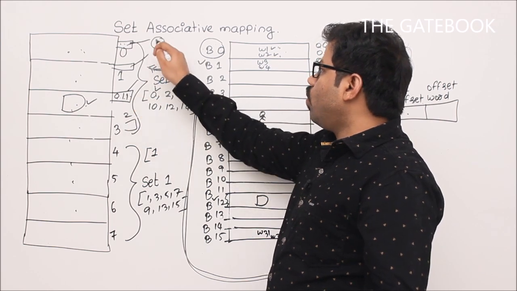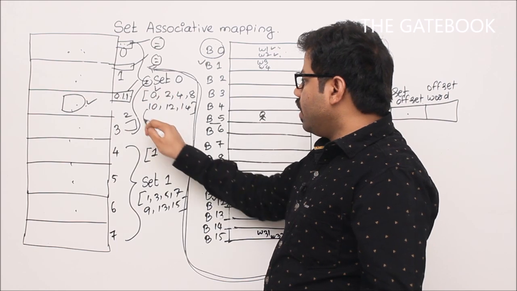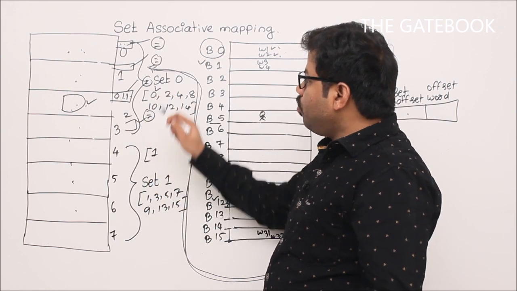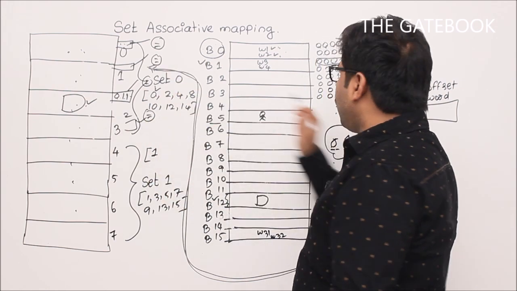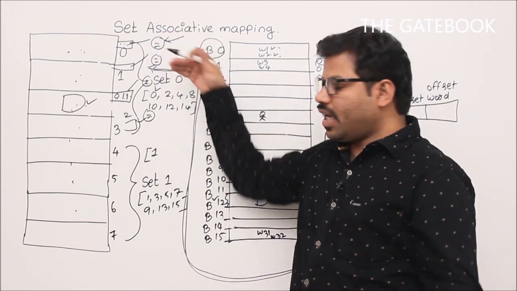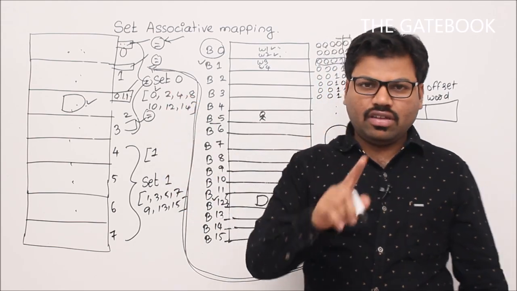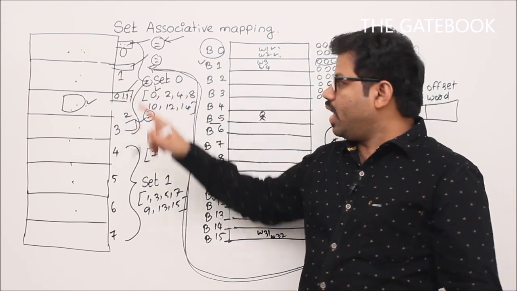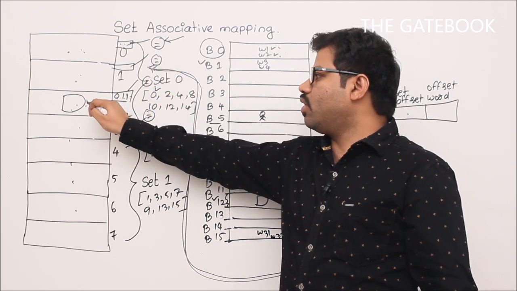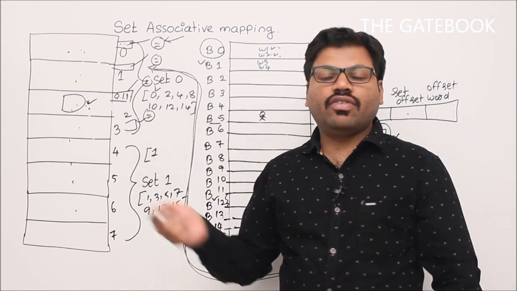That means we use 4 comparators, one here, one here, one here, one here. The other input of these comparators is our tag bits. So in parallel all the comparators will compare, and one of them will give the hit, right? Whenever one of them gives a hit, we can directly take the data from that appropriate block. Understand? So this is the way things will work.